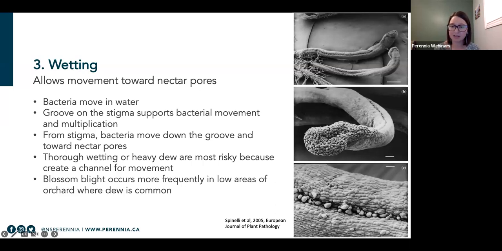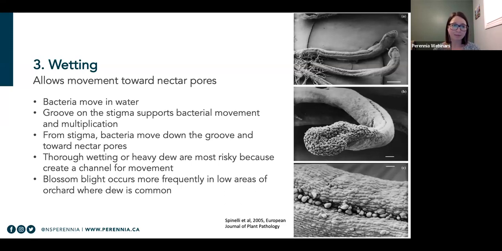And part C is really, really close, where we're just seeing the groove along the stigma. This characteristic of the stigma actually encourages the movement of the bacteria. If there's water, it encourages the movement of the bacteria from that stigma down towards the base of the flower.